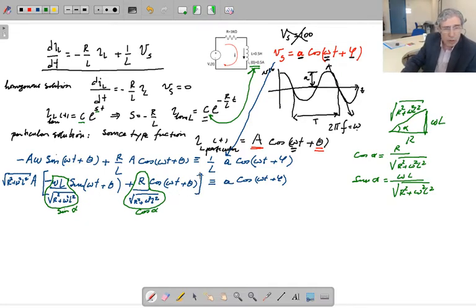So trigonometrically, this is equal to what? I will write it here.